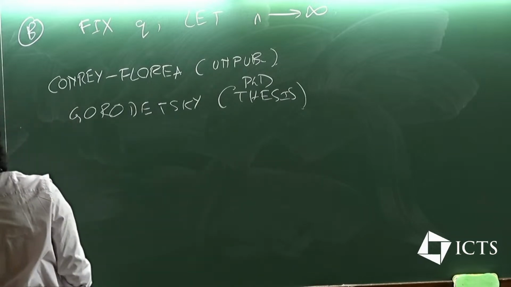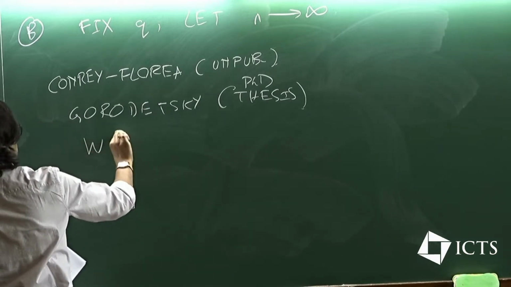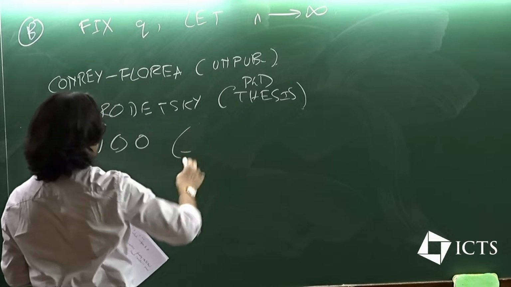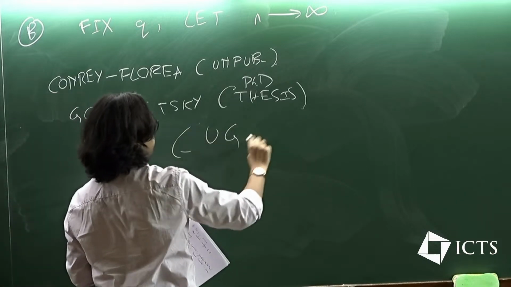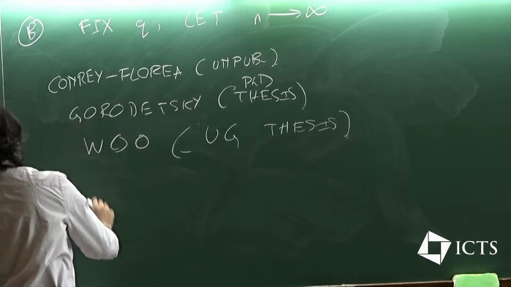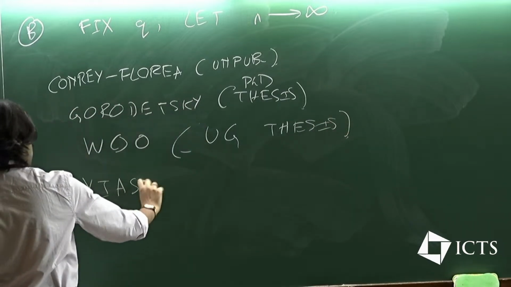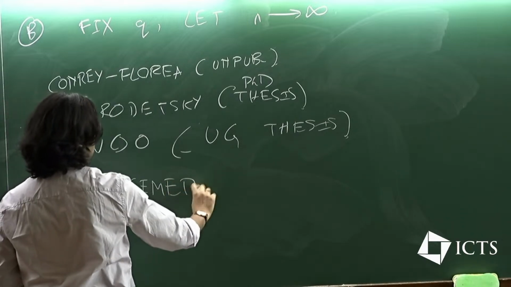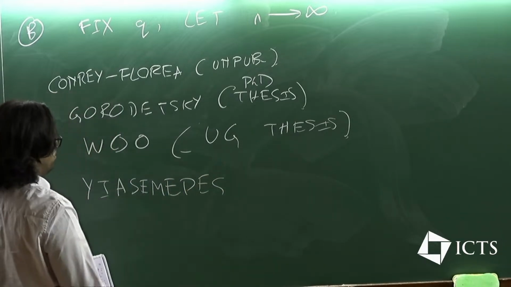It was looked at by Katie Wu, who looked at this in her undergraduate thesis. And also by Michael Yasimides. I don't know where this is actually. Maybe this is also unpublished.